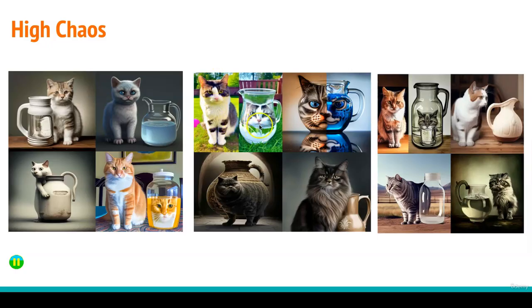Here there's the cat's face inside the jug. This one looks like the cat is part of the jug. So you see, by assigning different chaos values, you can essentially decide how much variation you're looking for between your images or the image grids that you're producing. And that is essentially what chaos can help you achieve.